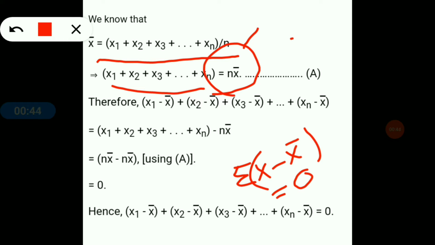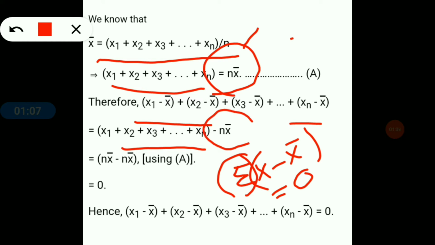Okay. So summation sign denotes the addition, and we have nth term of x variable. So that's why we can write in this way x1 minus x bar plus x2 minus x bar plus dot dot xn minus x bar, and x1 plus x2 plus dot dot xn minus nx bar.